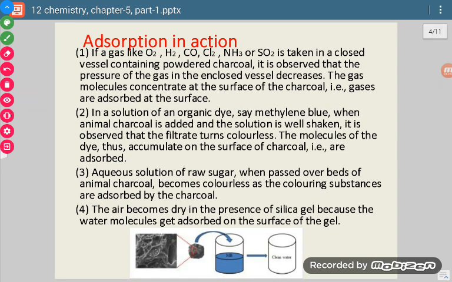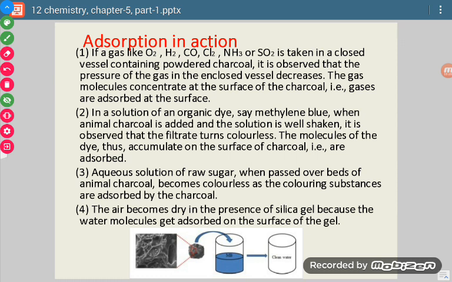Now, where is it applicable? Where can we see it? Okay, so very first thing, if a gas like oxygen, hydrogen, carbon monoxide, chlorine, ammonia or sulfur dioxide, if we take these gases in a closed vessel, then we can determine its pressure.